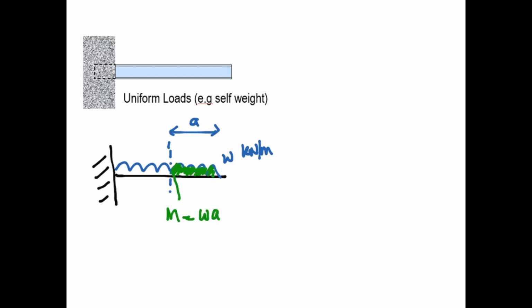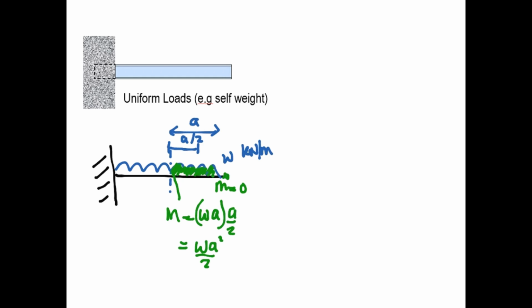The distance is that distance there from the point you're trying to calculate the moment from, which is A over 2. So we therefore know that our bending moment is WA times by A upon 2, which equals WA squared upon 2. And that all makes sense. We know we've got a moment there of 0 because it's a free end.